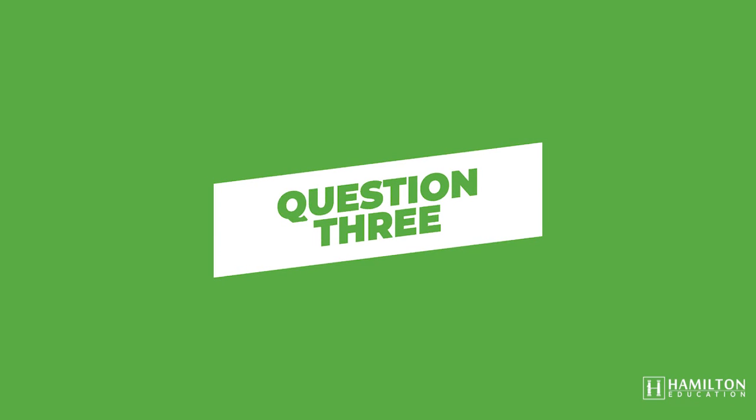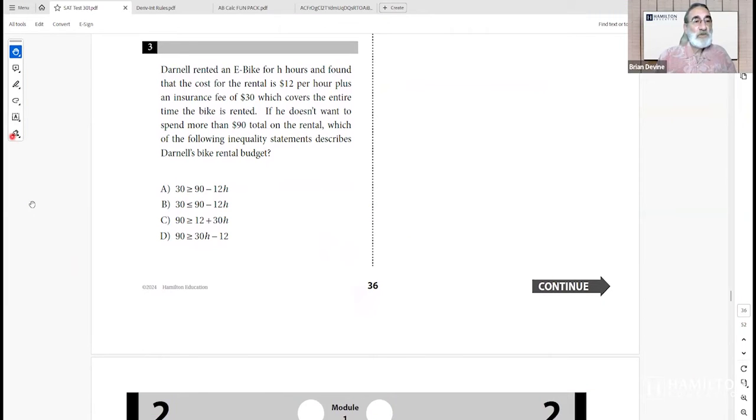On to question 3. Question 3. Darnell rented an e-bike for 8 hours and found that the cost of the rental is $12 per hour plus an insurance fee of $30, which covers the entire time the bike is rented.